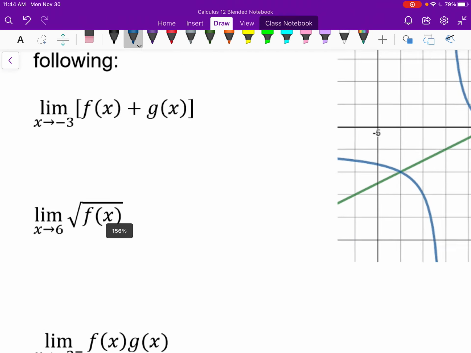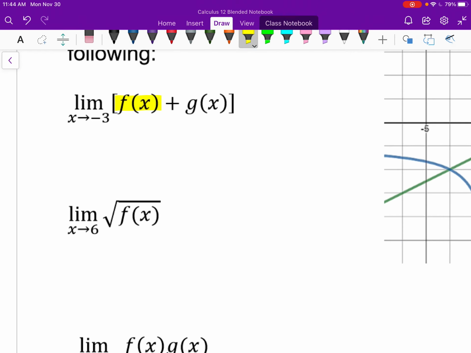So one thing I can do is look at these 2 parts separately, and try to find the limit as x approaches -3 of f of x, and separately find the limit as x approaches -3 of g of x, and then add those 2 things together.